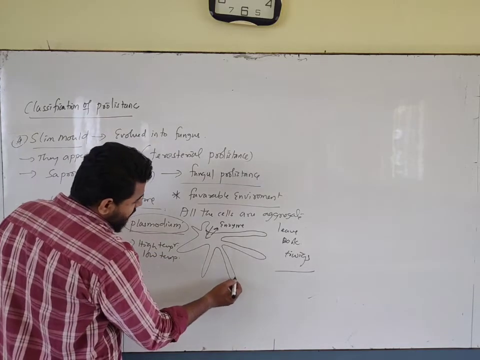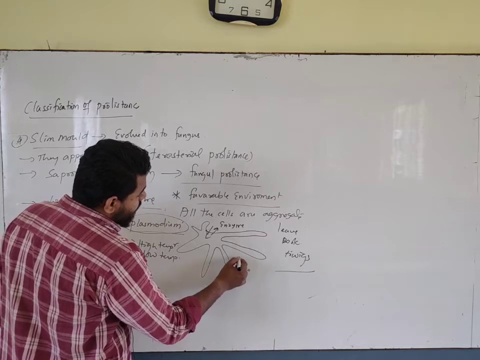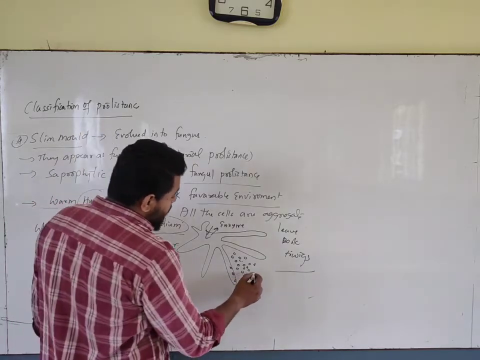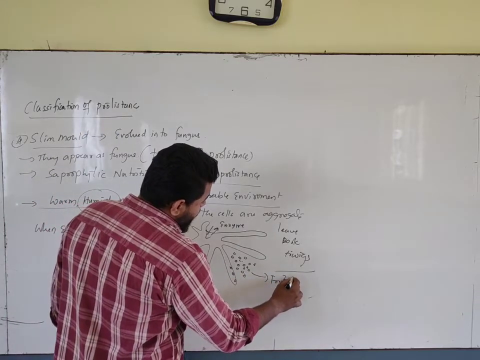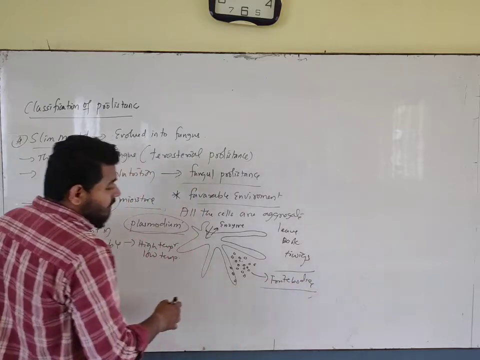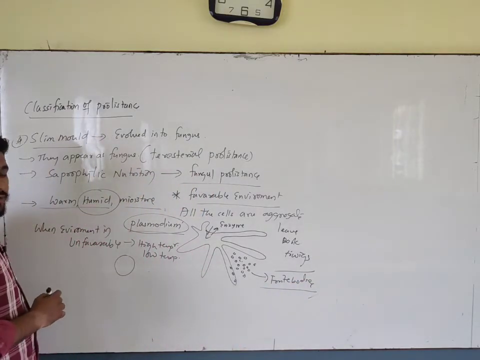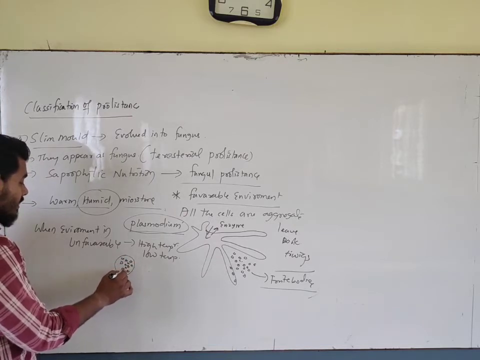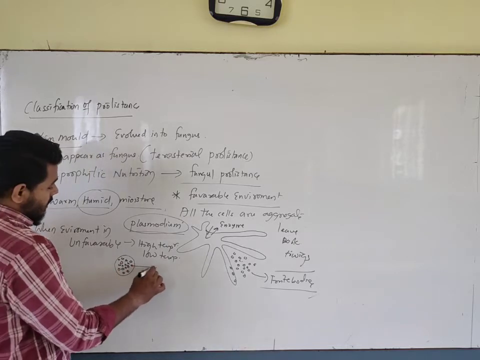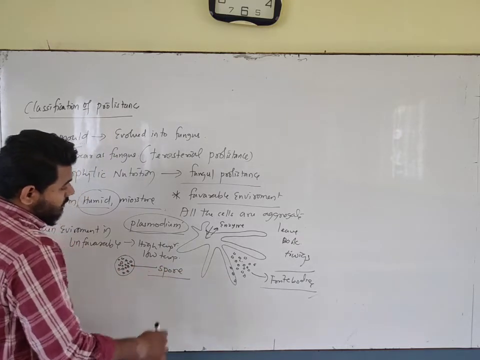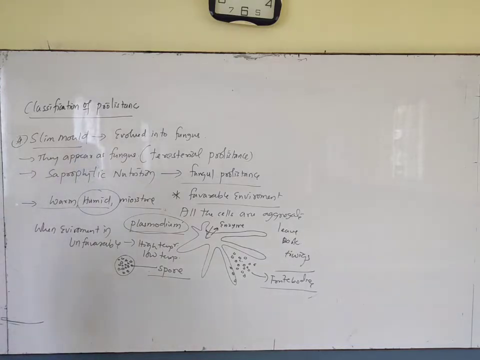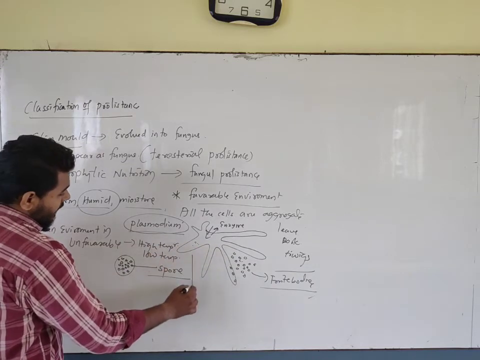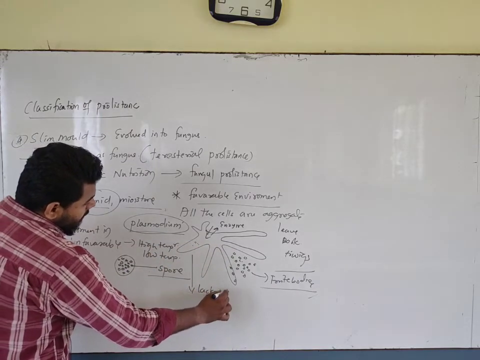So they dissociate, they break apart, divide, dissociate. So they dissociate into fruiting bodies. Fruiting bodies produce spores. Remember, in a plasmodium form they lack cell wall.